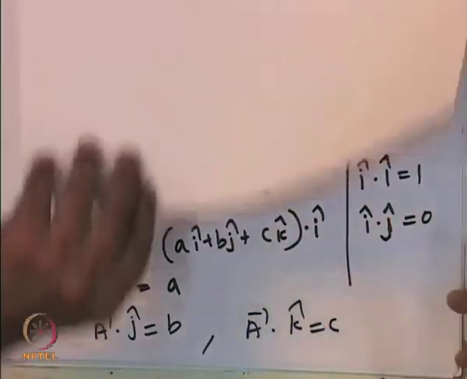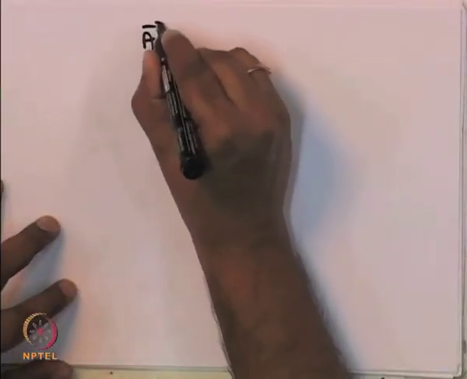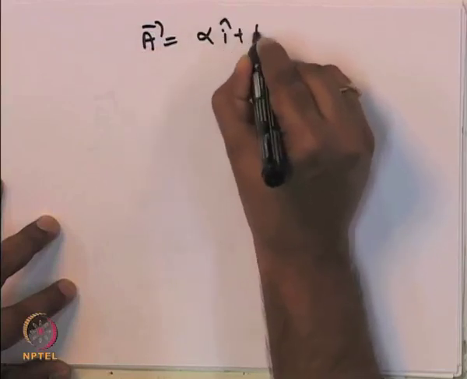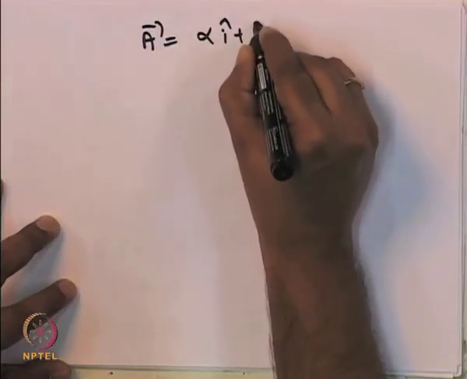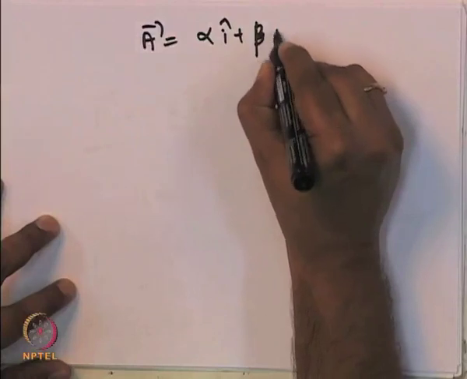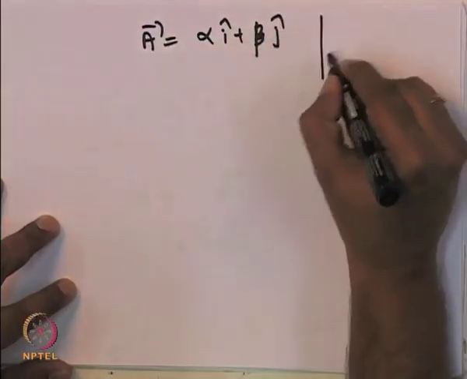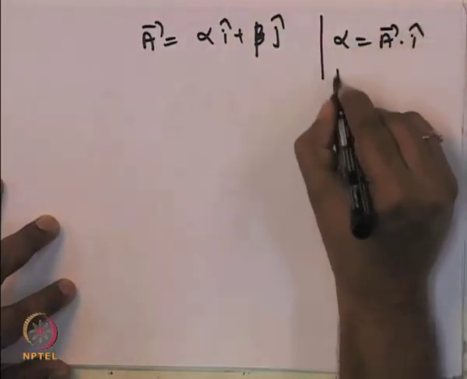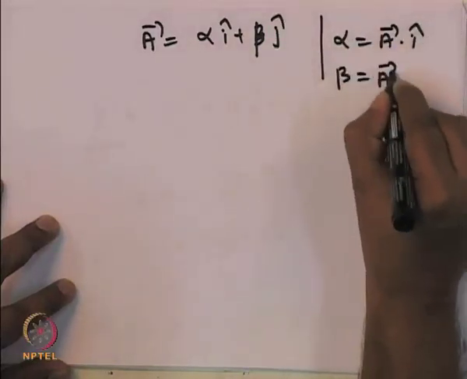Let us write a 2D vector here for simplicity. So let me write A as alpha i plus beta j, and we know that alpha is A dot i and beta is A dot j.